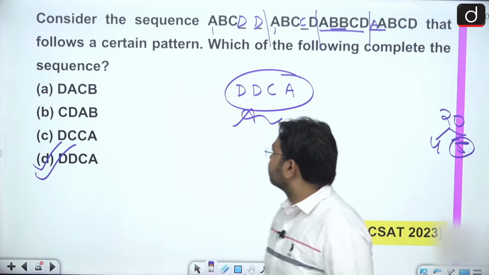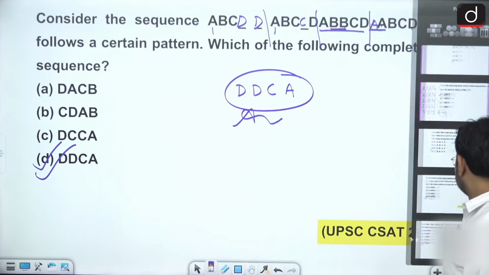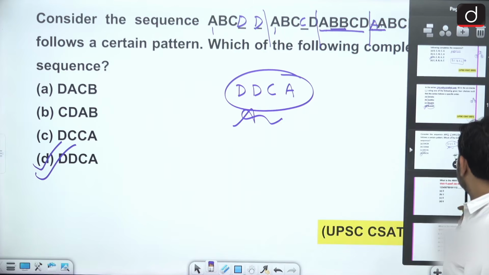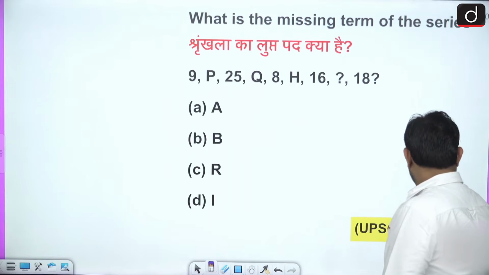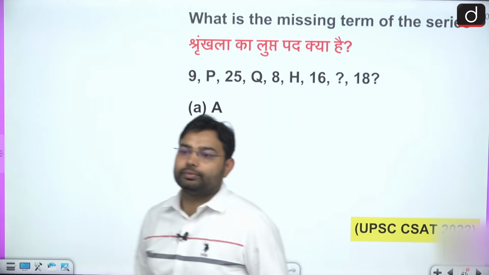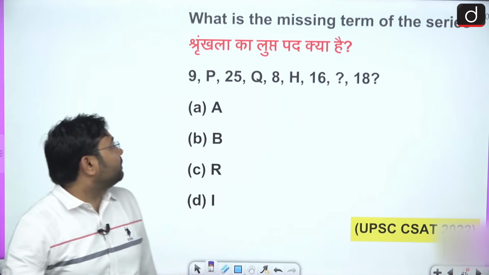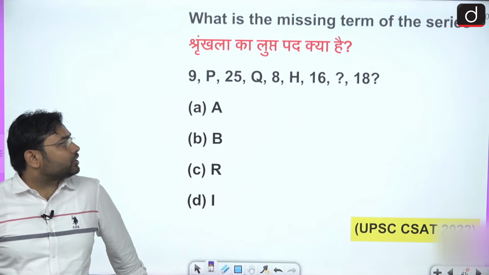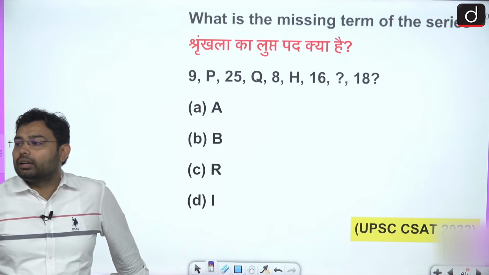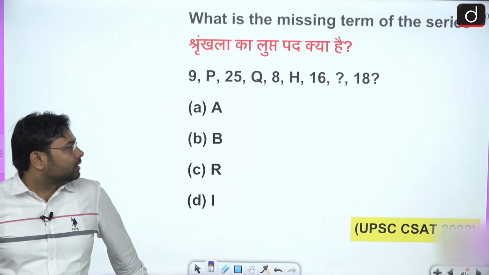Next one. First, you will solve this one. This is from 2022. 9P, 25Q, 8H, 16, question mark, and 18.